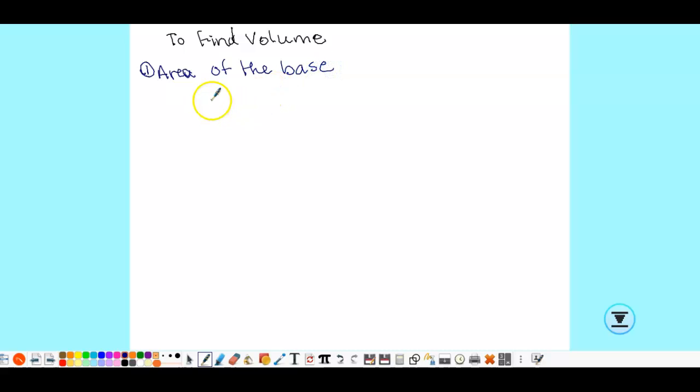And the base can have a number of different shapes. If you're finding the area of a square or a rectangle, you take length times width.